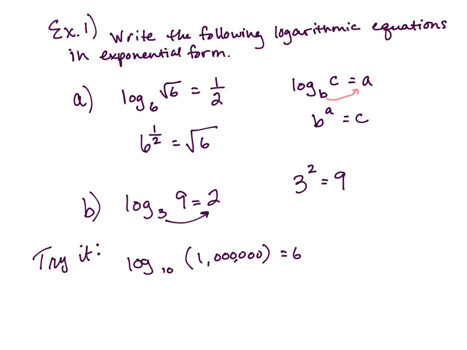The log equals the exponent. So 10 to the 6th power equals 1,000,000. I'm not writing all the figures, but you can. You're not wanting to raise 6 to the 10th power. It's got to be B to the A. The base is the base. The log is the exponent.